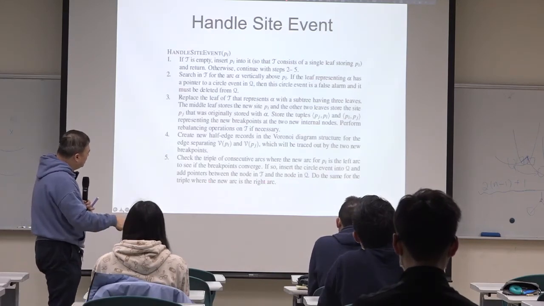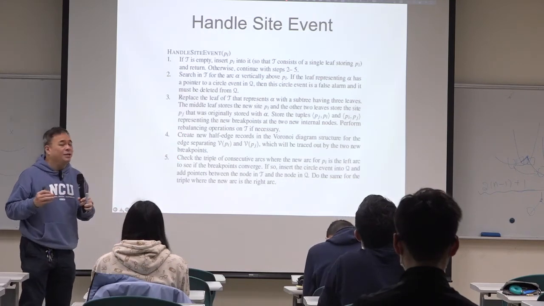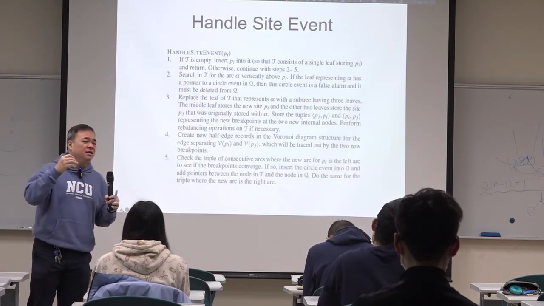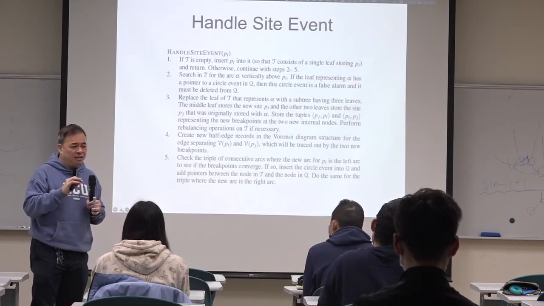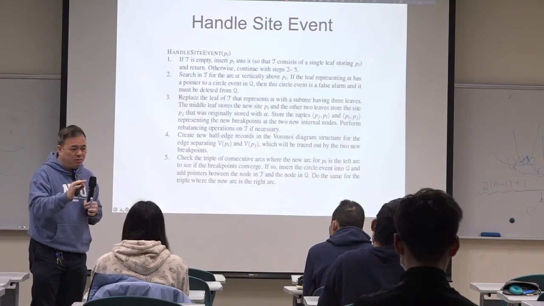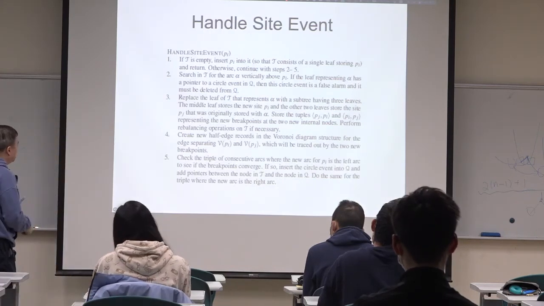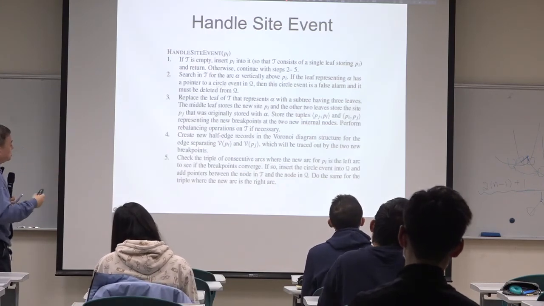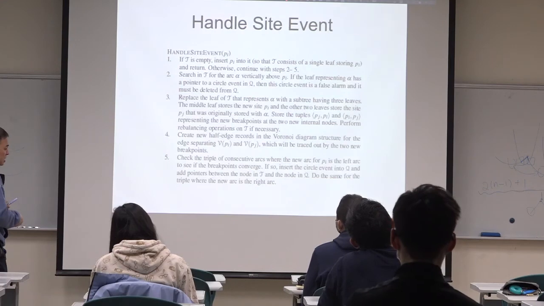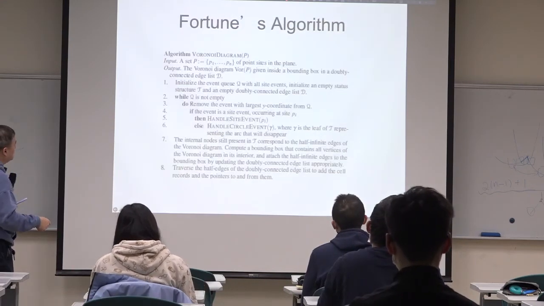Those details are also described in the algorithm, which I didn't spend much time talking about because those are really just details. If you want to know more, you are welcome to check out the algorithm yourself. Conceptually, it's just bookkeeping work, which shouldn't be too difficult to understand.